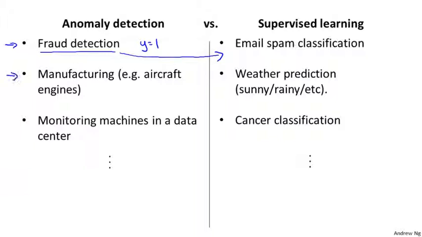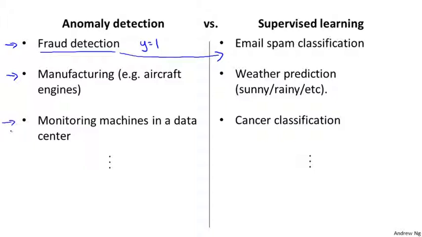Other examples, we talked about manufacturing already. Hopefully you've seen more normal examples and not that many anomalies. But again, for some manufacturing processes, if you manufacture in very large volumes and if you've seen a lot of bad examples, maybe manufacturing could shift to the supervised learning column as well. But if you haven't seen that many bad examples of your own products, then I'd use anomaly detection.